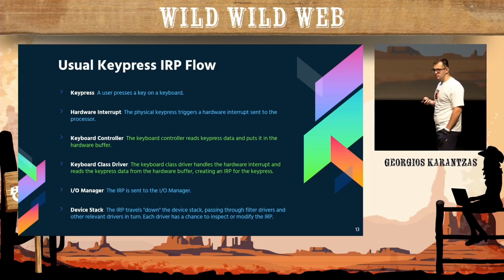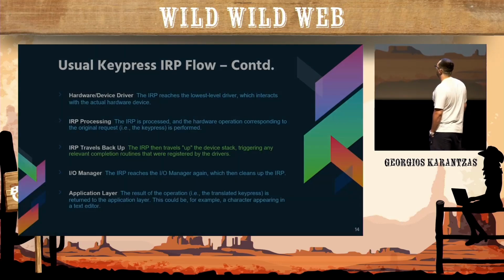We won't go into much detail with this because they're complex, and we don't have much time, so I want us to focus on these specific 2 steps. At some point, the keyboard class driver will create an IRP, the IRP will be processed. Between these 2, there is a routine that will be called, and this is what we will hook later on.